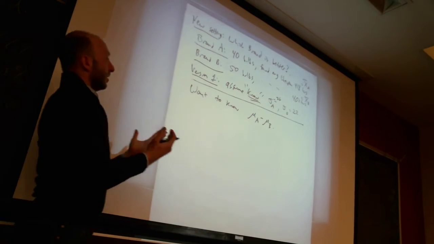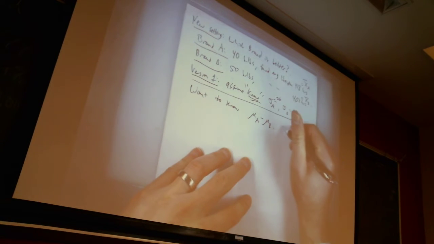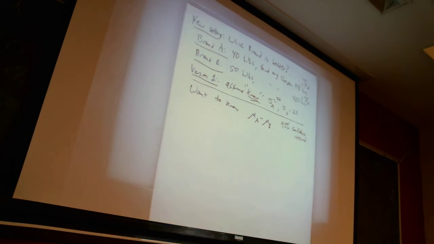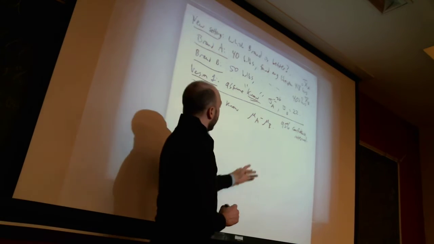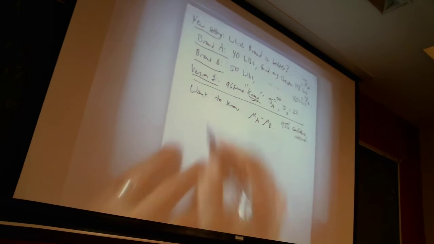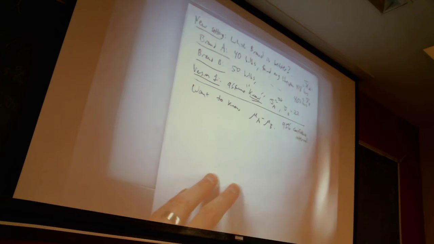And I want to know not just the value, I want to know a confidence interval. I want to know, let's say, 95% confidence interval. Well, let's compare it to x bar A minus x bar B, right? My obvious guess is to take x bar A minus x bar B.